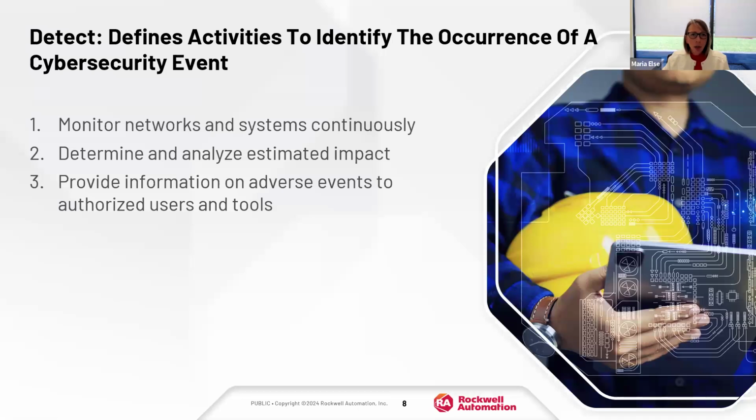When we look to detect, knowing that something is happening or has happened, that there are anomalous behaviors going on, that somebody is in our environment, we need to know about that. We need to be able to identify the occurrence of a cyber event. So monitoring your networks and assets continuously is critical.